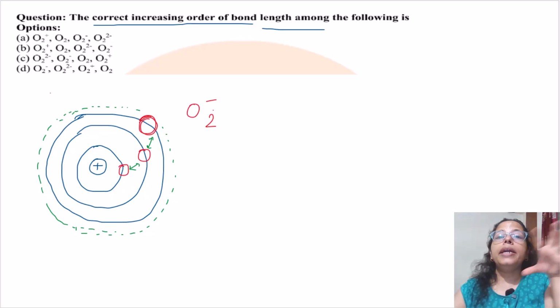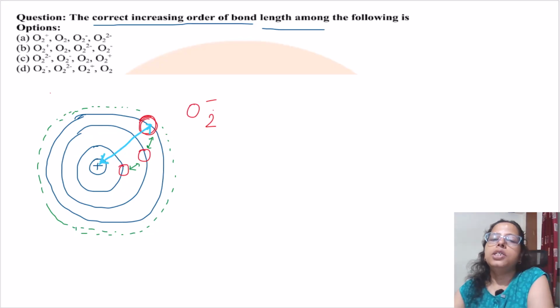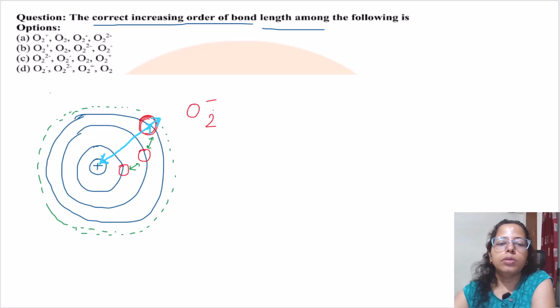Increase means the spreading of the electron cloud. So this leads to an increase in the bond length. So we consider the ionic radius. Since it is an ion, we consider from the nucleus to the outermost valence shell. So this radius increases when we have additional electrons.